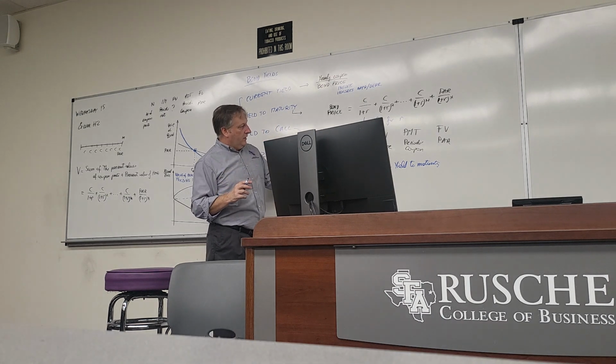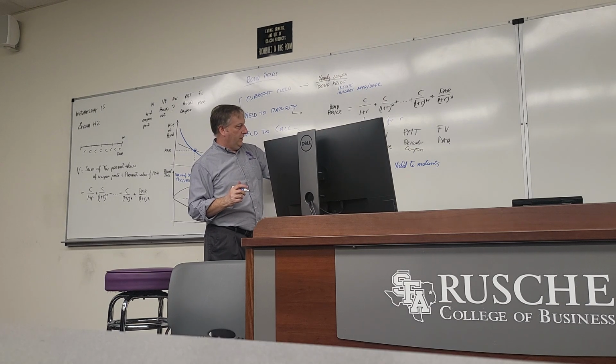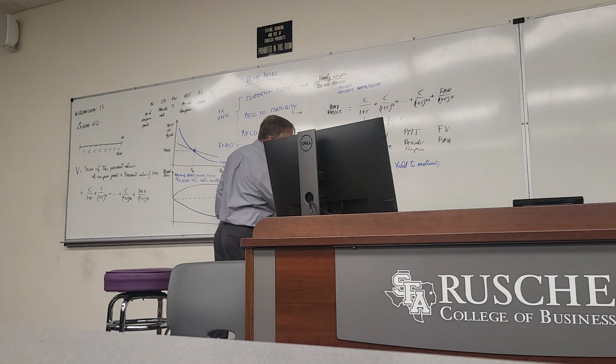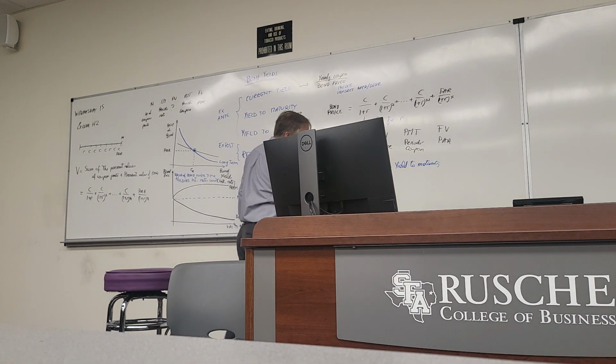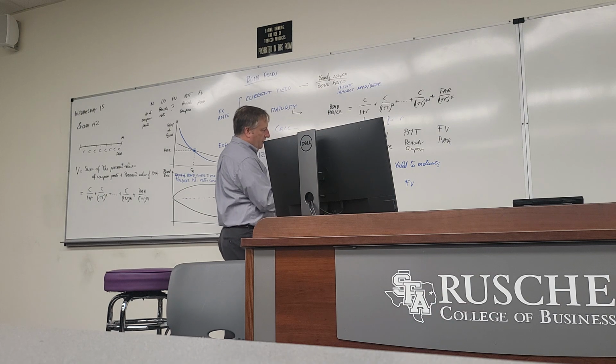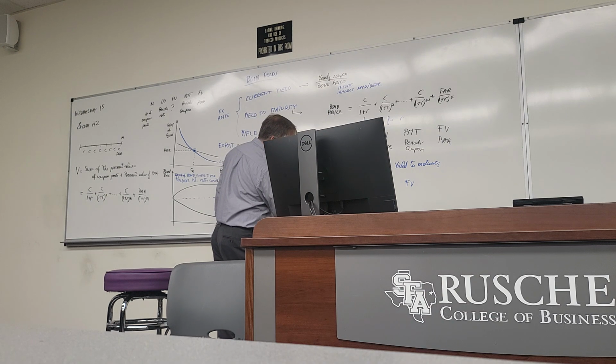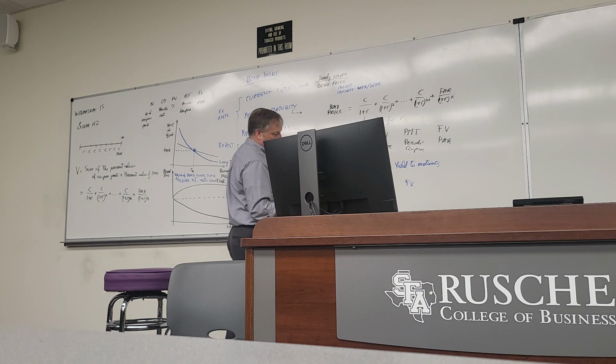It would require a small modification to the inputs. You have N, I/Y, PV, PMT, and FV. N is the number of coupon payments until callable, or until called. This is the rate that you're looking for. This is the price.